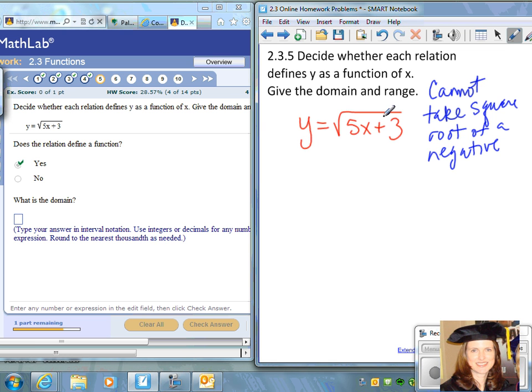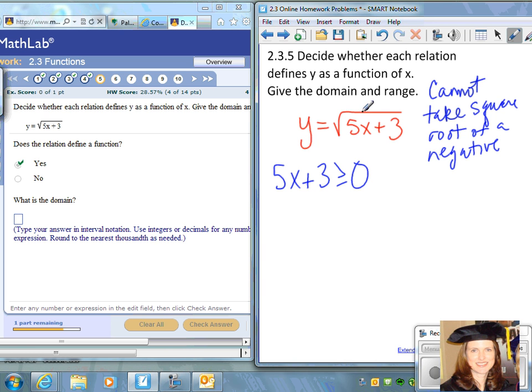So whatever's underneath the square root must be positive or 0. We're going to set up an inequality. We're going to say 5x plus 3 has to be greater than or equal to 0. If the whole expression 5x plus 3 was negative, then you would have the square root of a negative number, which ends up being imaginary, and that would not be part of the domain.